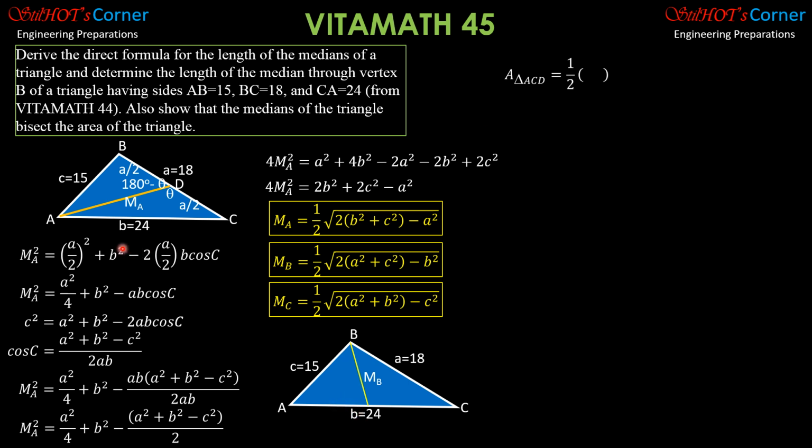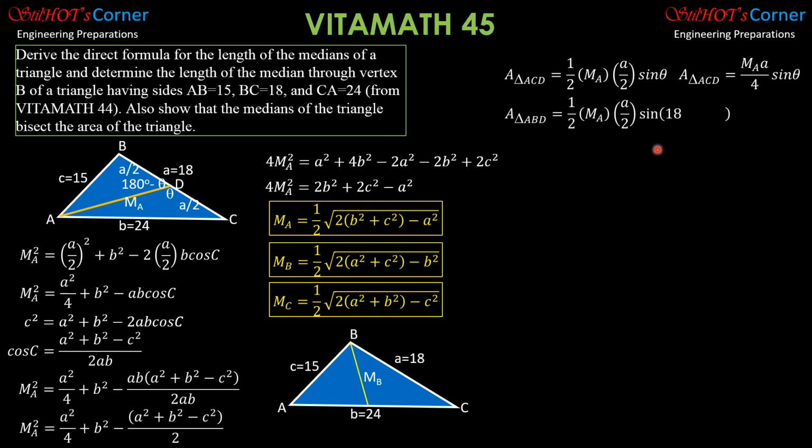So area of triangle ACD from this triangle is 1/2 of MA times A over 2 sine of theta. Simplifying, area of triangle ACD is M sub A times A over 4 sine theta. Likewise, area of triangle ABD is 1/2 of MA times A over 2 sine of 180 degrees minus theta.